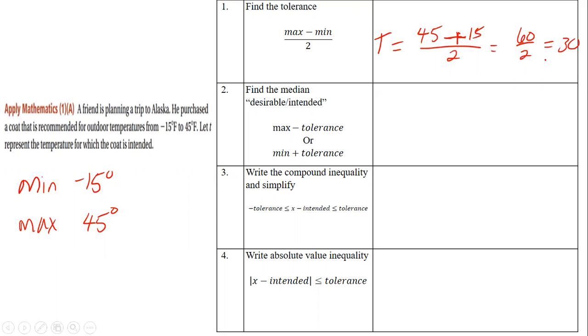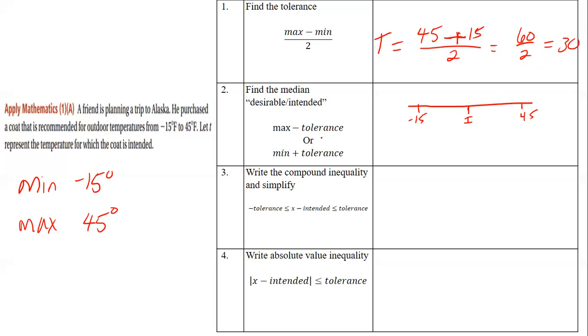Okay, doable? All right. Now we have to find our intended value. Your intended value, remember, is the median, so I'm looking for the middle ground, my I. I know that my minimum is -15 and my maximum is 45. And what was our tolerance? 30.